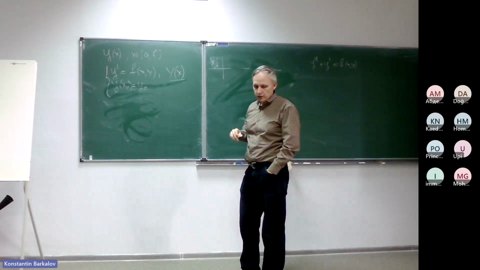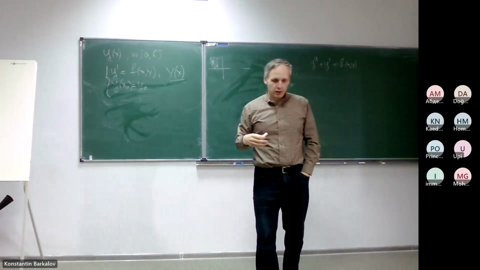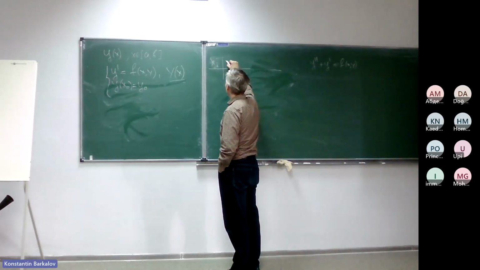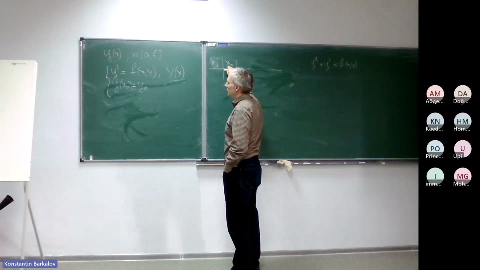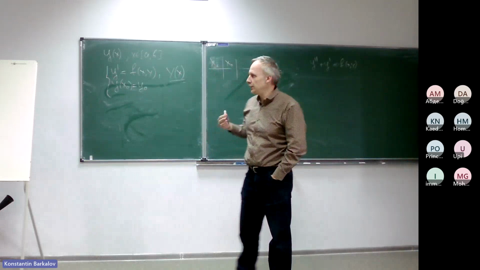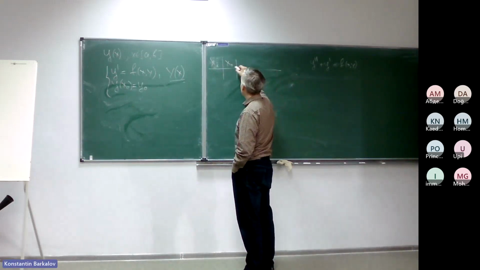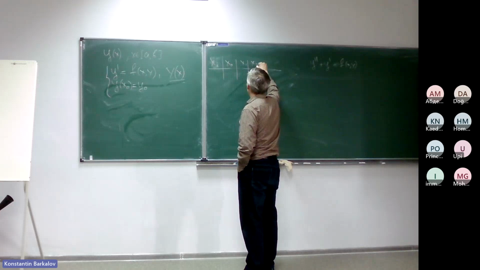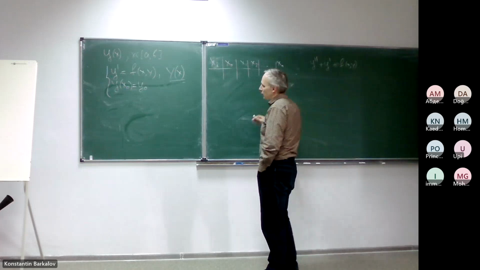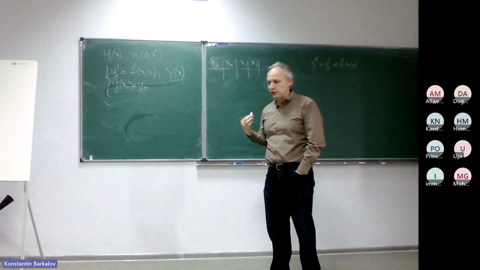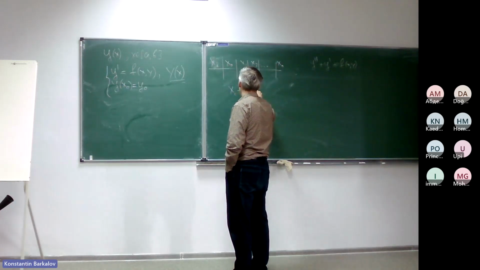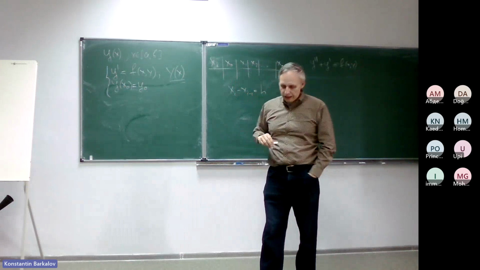We can build a grid with the nodes xi, starting from the known point x0 with the step h: x0, x1, x2, and so on, xn, where the difference between these points xi minus xi minus 1 equals h.